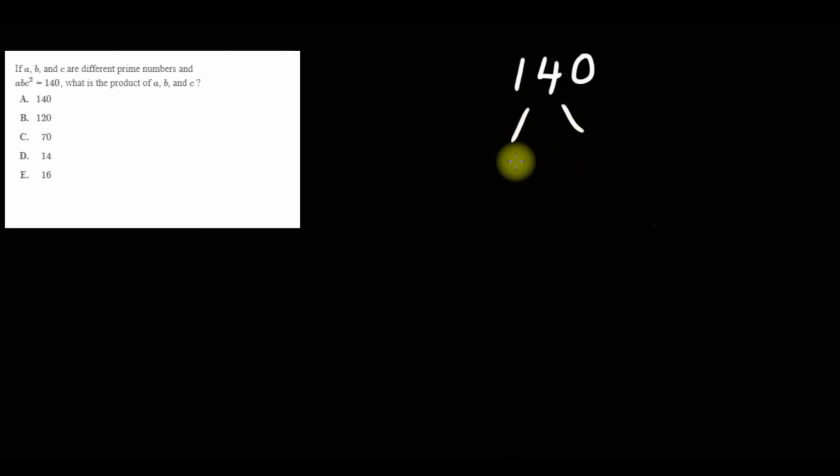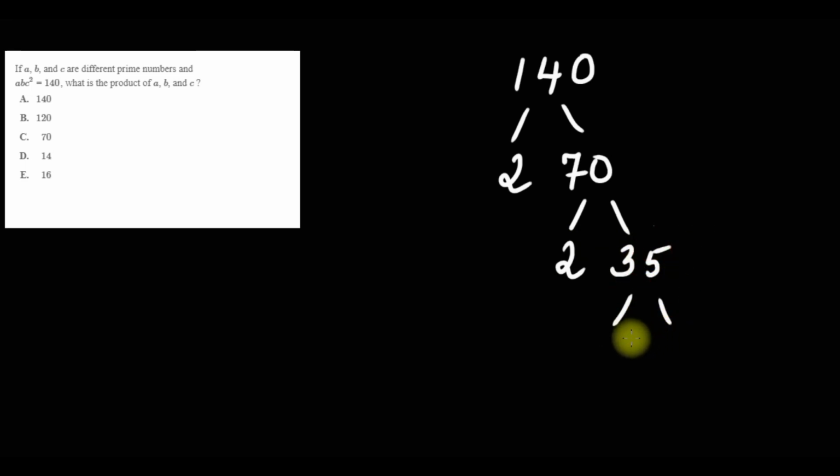So we're going to use 2 times 70. And then 70, we can break it down into 2 times 35. And then 35, we can do 5 and 7. So here is the prime factorization of 140. You got 2, 2, and then 5 and 7.